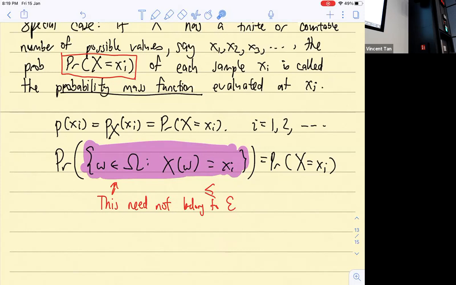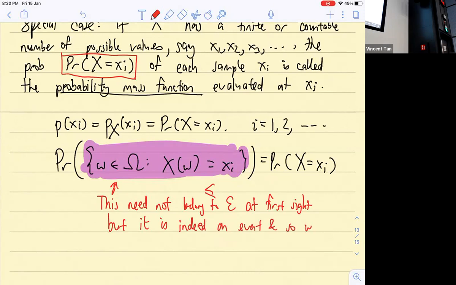Do you believe me? Do you know that there's something to prove? You need to be sensitive to that there's something to prove here. Okay? Cool? All right. So this need not belong to E at first sight. But after a few lines of proof, it is indeed an event.